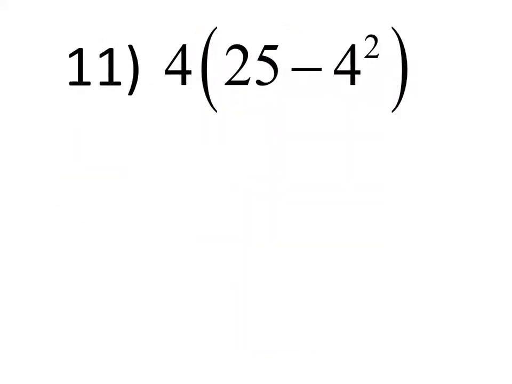All right, number 11. Again, we have multiple operations actually inside the parentheses right here. So we just need to focus on this 25 minus 4 squared. So in the parentheses, we've got no other parentheses, but we do have this exponent. 4 to the power of 2, 4 times 4, 16.